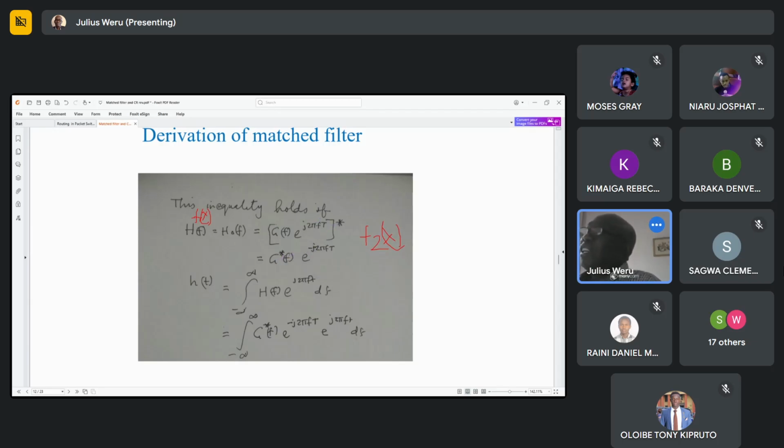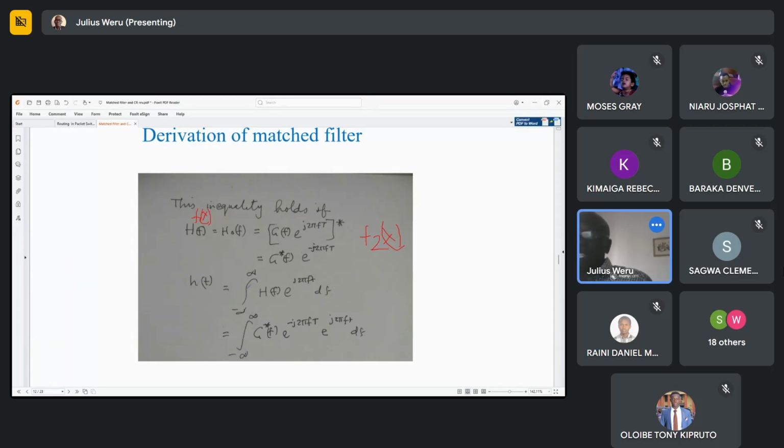The conjugate of this product is simply the conjugate of this times the conjugate of this, as you can see, the linear operation. So this becomes the conjugate of this, and the conjugate of e to the j 2 pi fT is e to the minus j 2 pi fT.